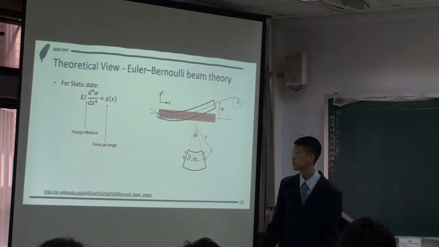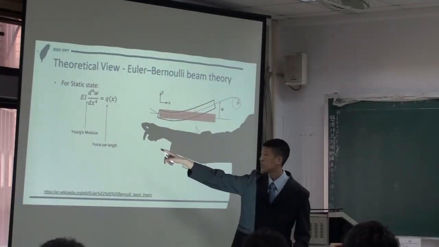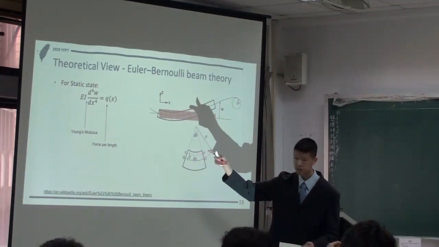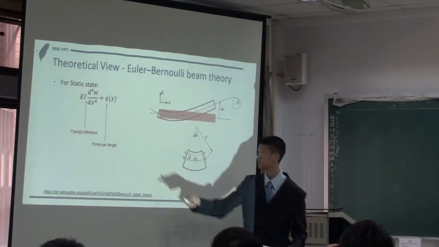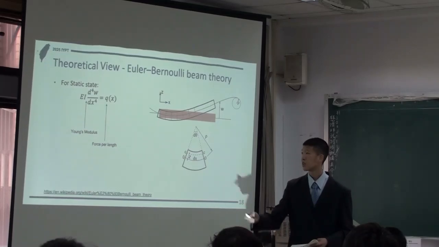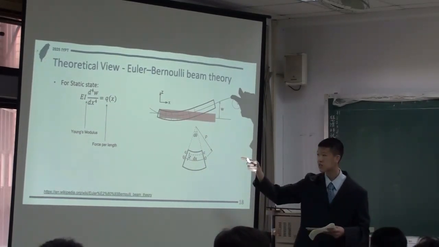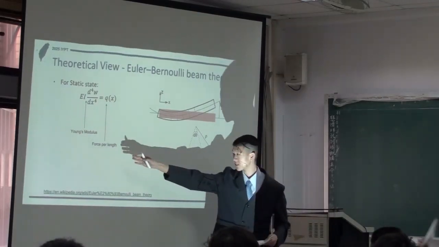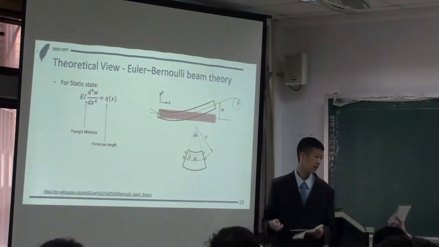For static states, it won't have a p term. It is EI times the fourth derivative of W equals q, where q is the force per length, and E is the Young's modulus. This has a displacement.